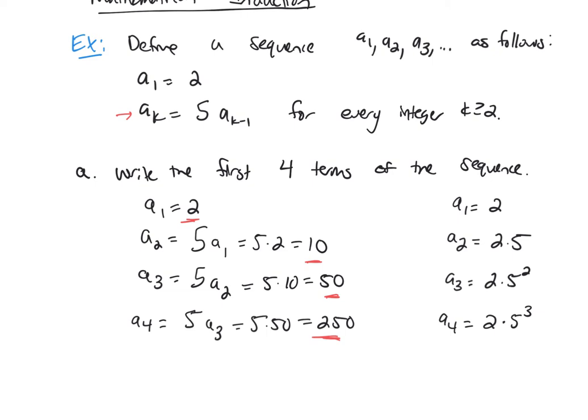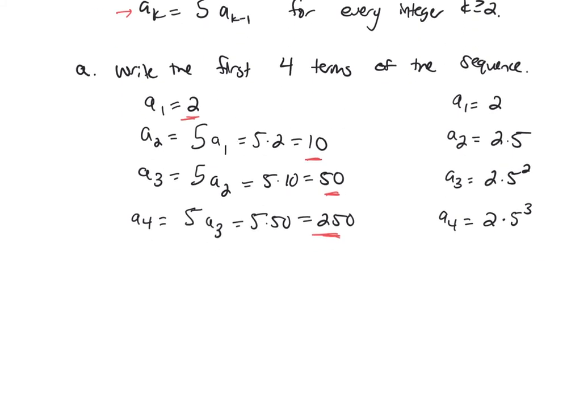And so we start to notice this pattern. So then what we want to do is we want to prove that AN equals 2 times 5 to the n minus 1 for all n greater than or equal to 1.